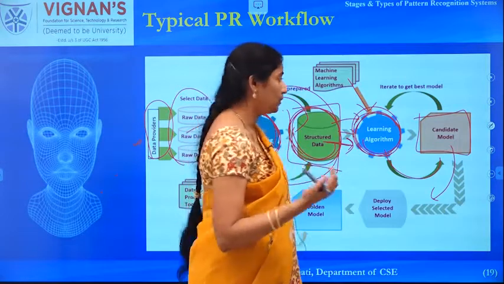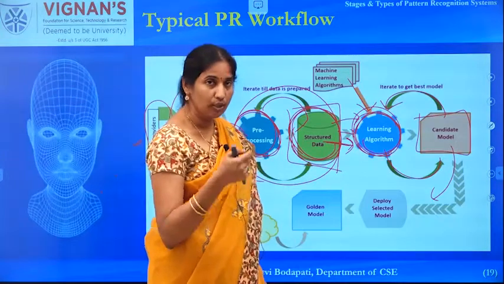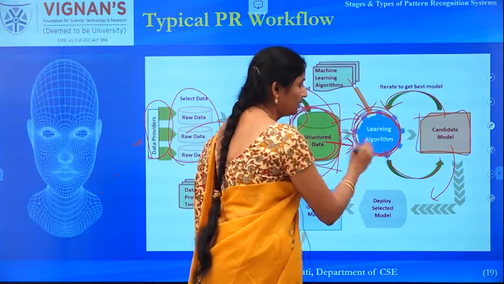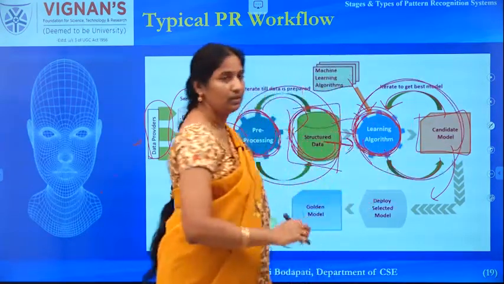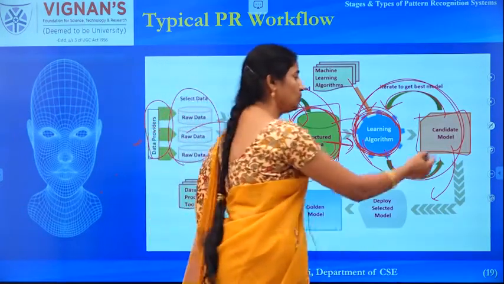Otherwise, you need to go back, change the parameters or choose some other algorithm, and start the learning process again. You need to repeat this process a number of times, as long as you are not happy with the model produced by the system.